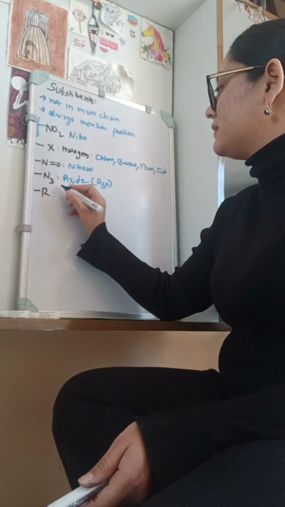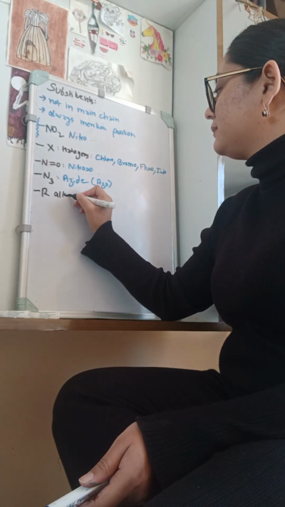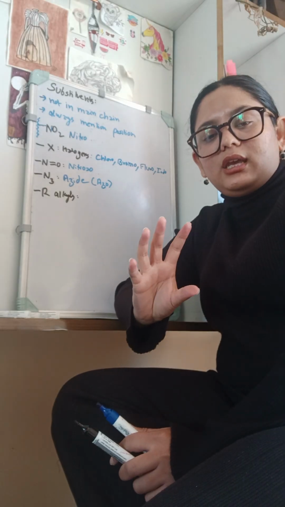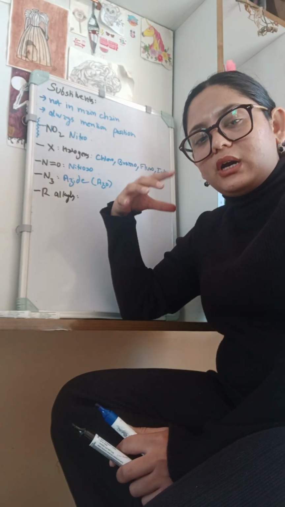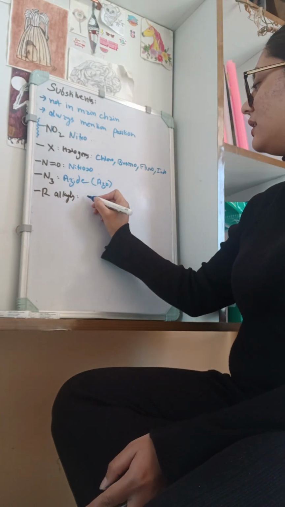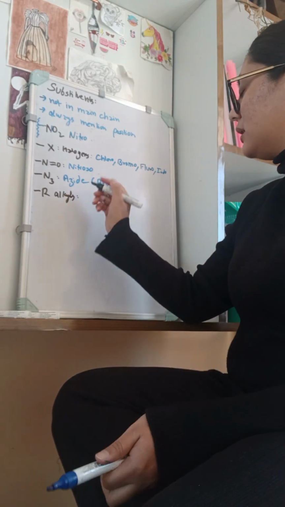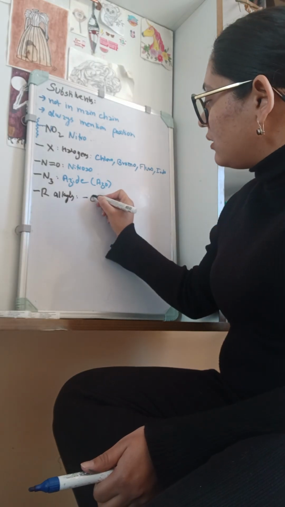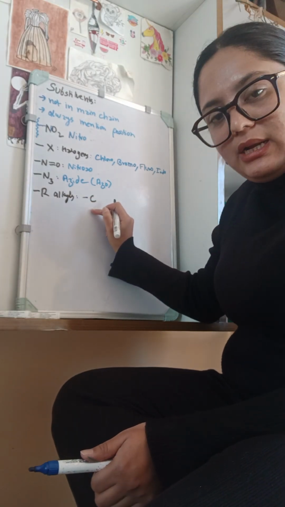R basically represents the alkyls. Now in alkyls, the name can differ according to the number of carbon atoms present in the group. If we only have one carbon atom, always remember we are talking about one carbon atom.